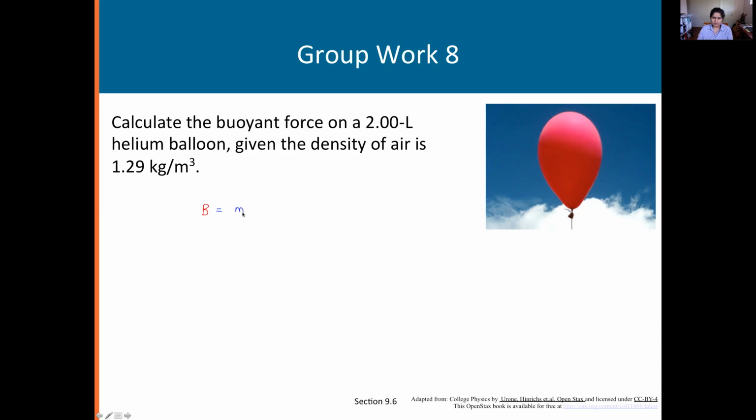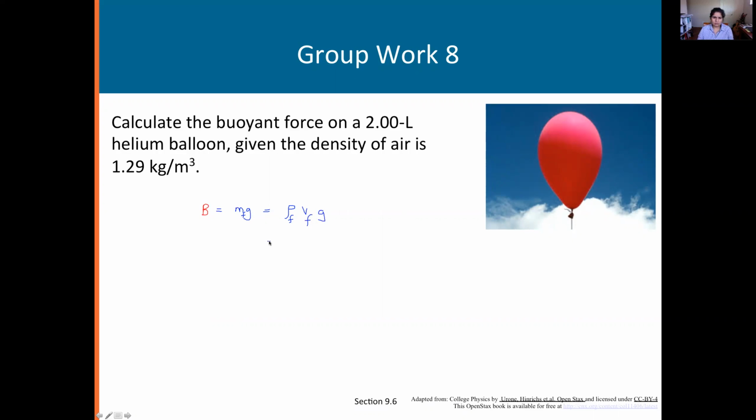The fluid is the air in this case. A fluid could be a liquid or a gas. So this is going to be mg of the fluid, which is rho of the fluid times volume of the fluid times g.